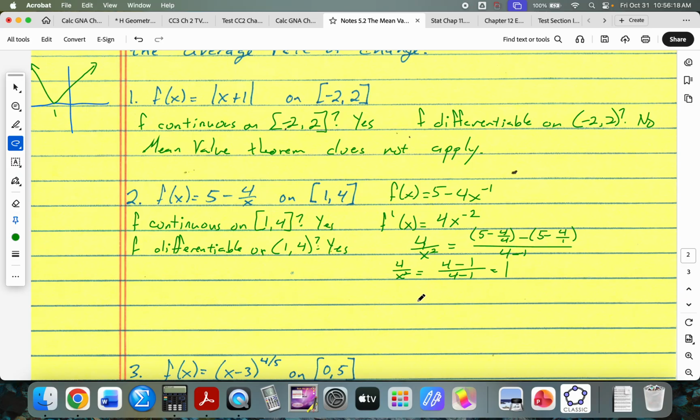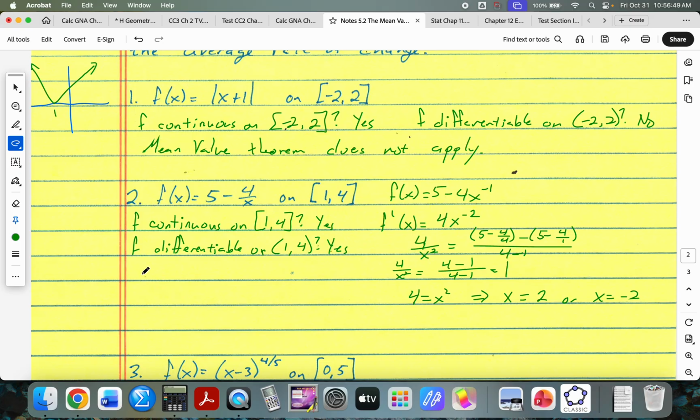So multiplying both sides by x squared, I get 4 is equal to x squared, which normally would mean that x is what or what? Yeah, positive 2 or negative 2. Do both of them apply here? No. My answer must be on the open interval between 1 and 4.